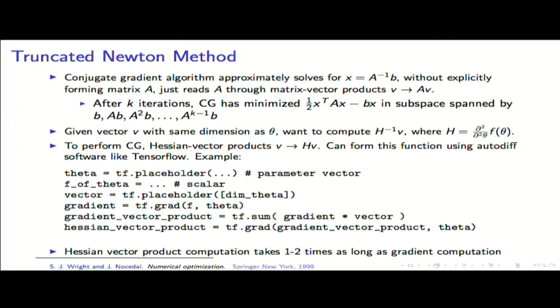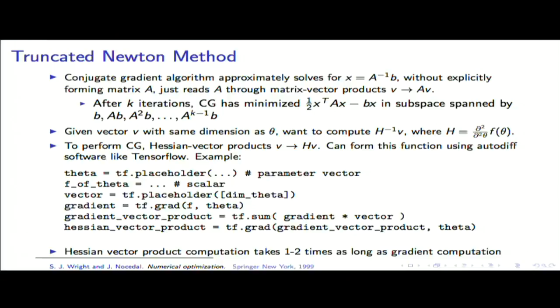Then you're going to plug that function along with a numerical gradient vector into a numerical routine that performs the conjugate gradient algorithm. So you're going to have a generic implementation of conjugate gradient, which uses a matrix vector product and a vector, and it's going to solve approximately for A inverse G, where A is the matrix you're multiplying by, and G is the second argument you're passing in.